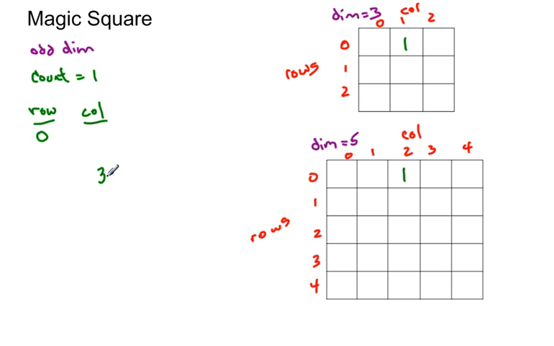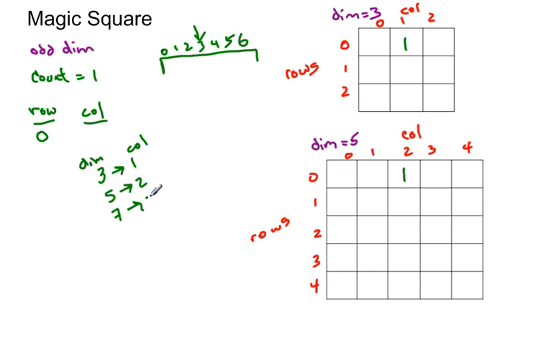So let's just start looking at this pattern. 3, 1, 5, 2. Let's just imagine if we had a 7 by 7, right? We'd be 0, 1, 2, 3, 4, 5, 6, and we'd see the middle one is 3. So if my dimension is 7, then column is going to start at 3. Now you might think, oh wait, I subtract 1 and take half. You don't have to work so hard because this is one of those times when int division is your friend.